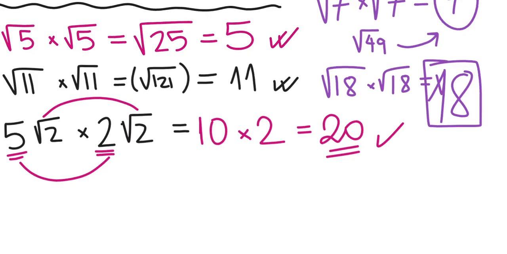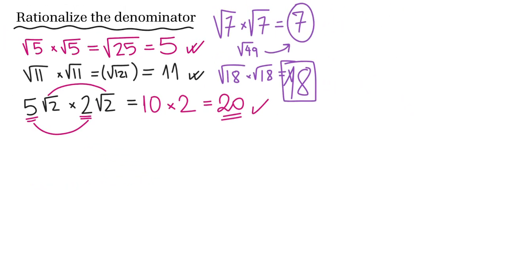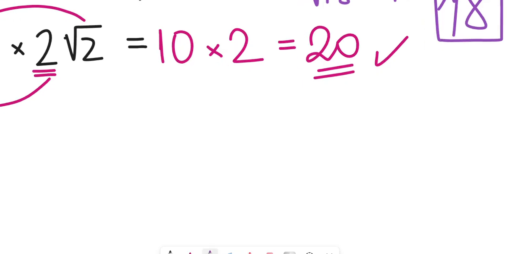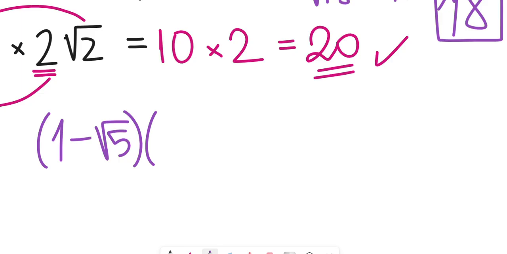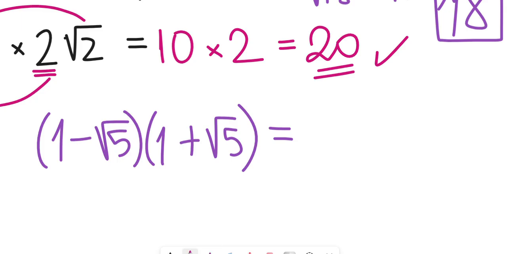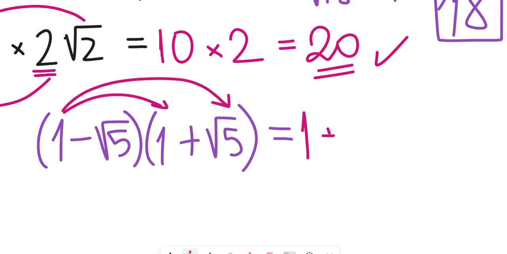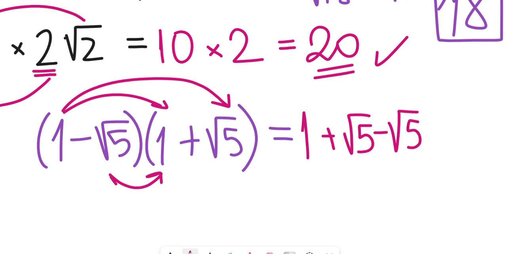Okay, there is one more thing I wanted to revise before we start with the lesson. If we say, for example, 1 minus radical 5 and we multiply that by 1 plus radical 5, we learned last time that we multiply 1 by 1, which is 1, 1 by radical 5, which is radical 5, radical 5 by 1, which is radical 5, and radical 5 multiplied by radical 5, we said it's 5, right?